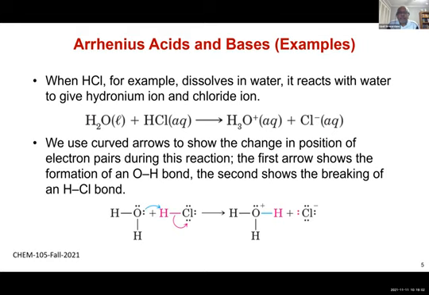That's a bond breaking. And hydronium ion is formed and chloride ion is formed. Both get solvated, hydrated in water, as in the first equation. That's how an acid works in water solution to increase hydronium ion concentration.